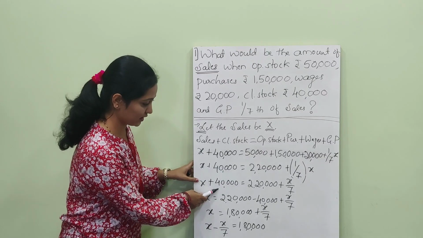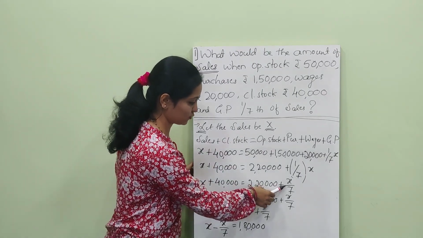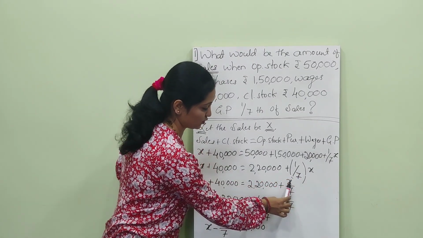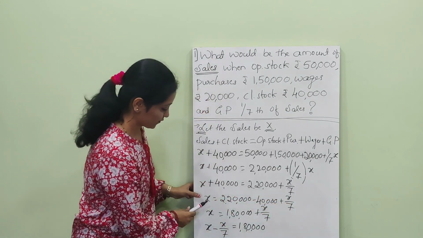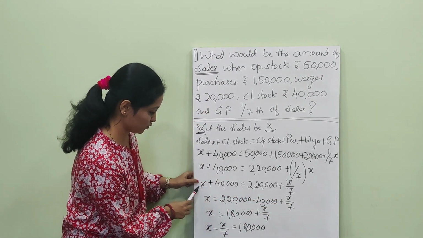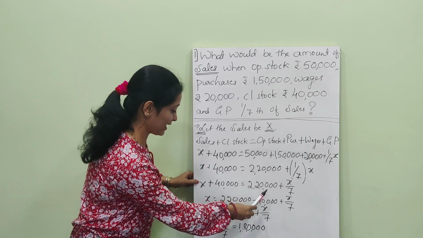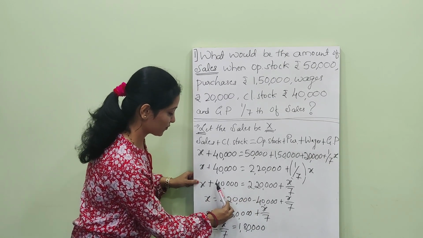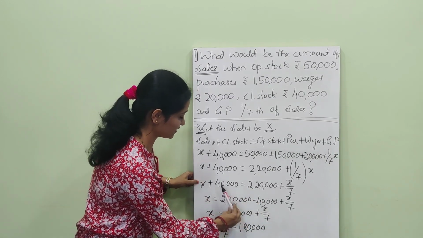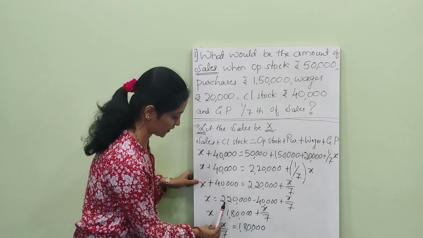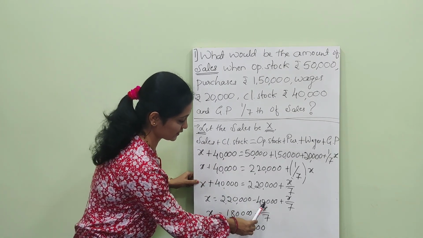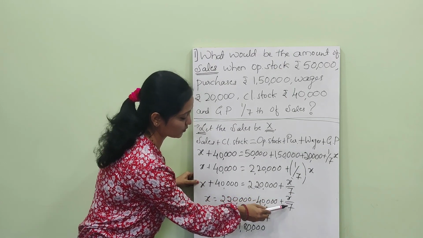So X plus 40,000 is equal to 2,20,000 plus X divided by 7. Then X is equal to 2,20,000. Take this 40,000 to the right side, plus 40,000 becomes minus 40,000. 2,20,000 minus 40,000 and the X divided by 7 as it is.